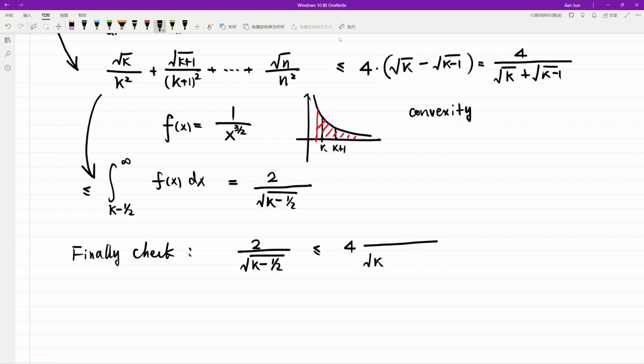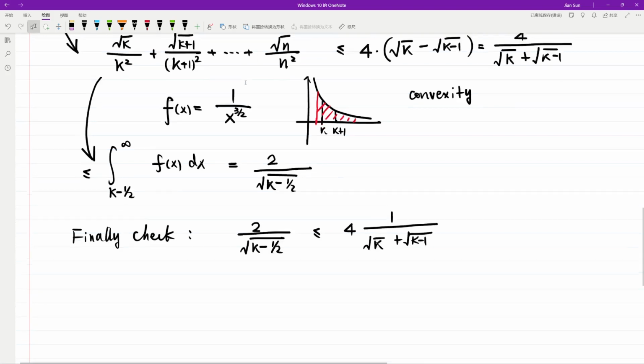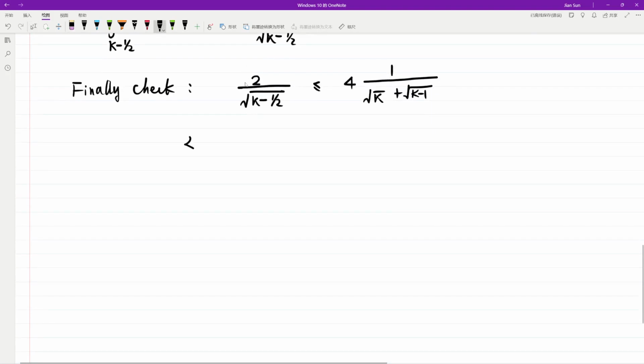So we just need to check this final inequality. Obviously, this is equivalent to square root of k plus square root of k minus 1 being less than or equal to 2 times square root of k minus 1/2.